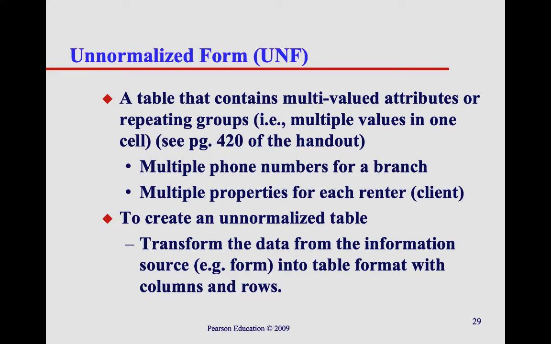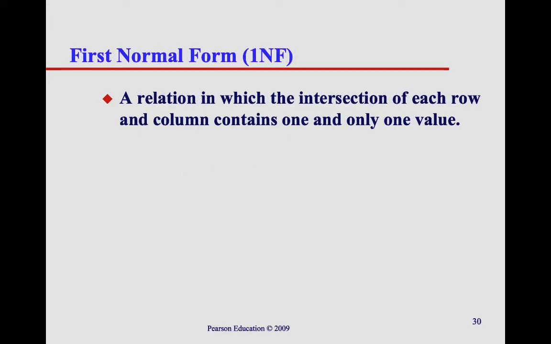The reason is because you have either repeating rows or multi-valued attributes, both of which aren't legal in a relation. So what you have to do to get to first normal form is get to a table in which each row and column contains exactly one value.